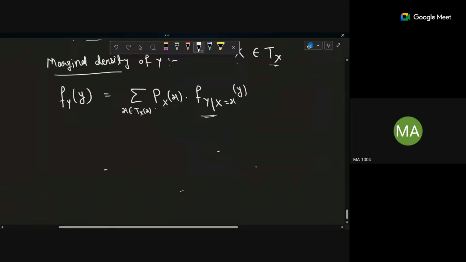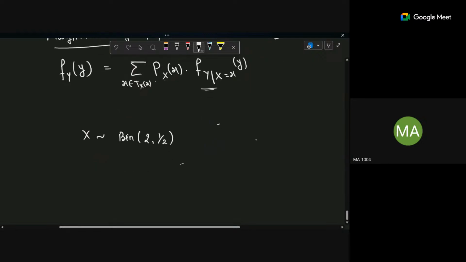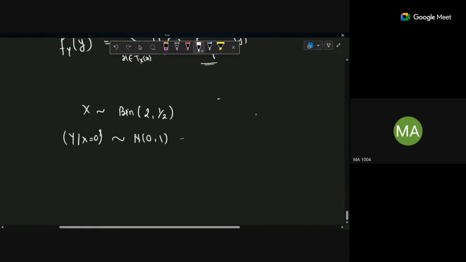Let's say x follows a binomial distribution with probability 1/2, and y given x equal to 0 follows a normal distribution with mean 0 and variance 1.